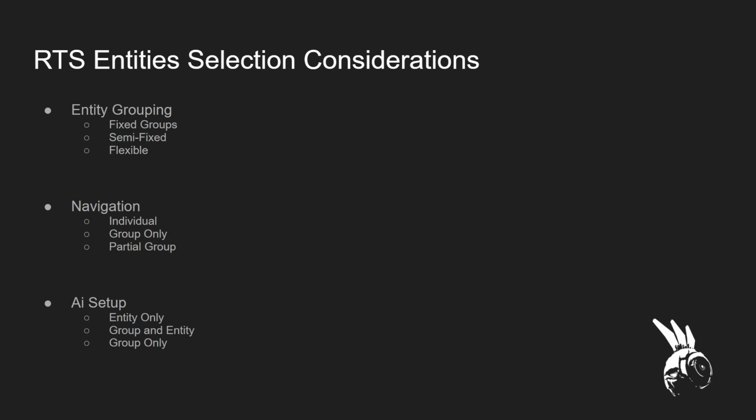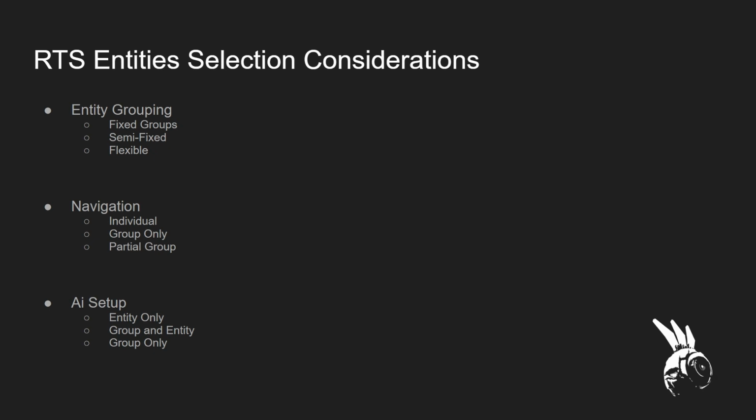And then the last one is the AI setup. So normal AI would be to have an AI controller on the entity, and they handle all their behavior tree or state machine or whatever it is that you're controlling your entities with. The other option is to have part of that on the group, so you have some sort of calculation going on in a group sense.